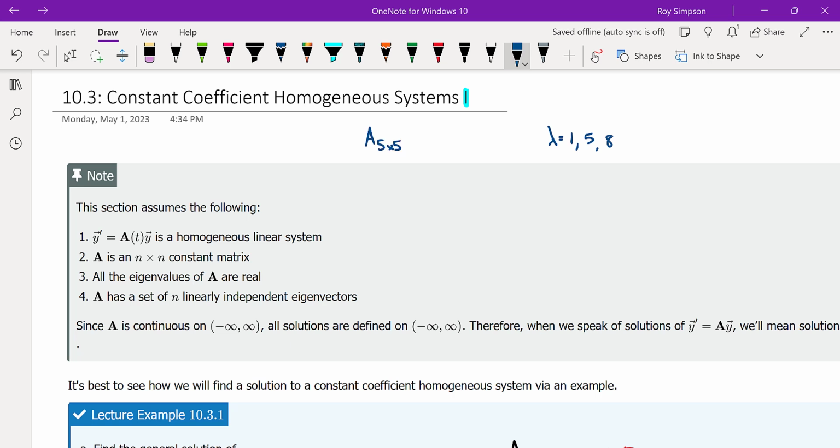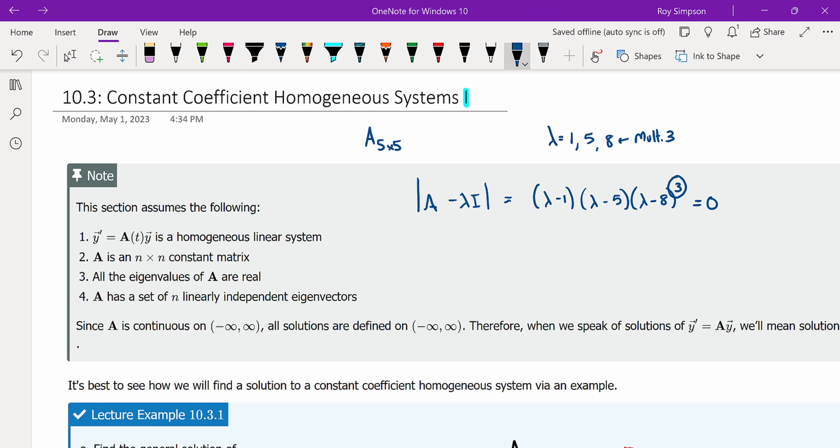And then you find out that 8 has multiplicity 3. That means when you took the determinant of A minus lambda I, you ended up with an equation that factored to the following. And remember, you set this equal to 0 to find out what your eigenvalues are. So you can see the eigenvalue of 8 has multiplicity 3.